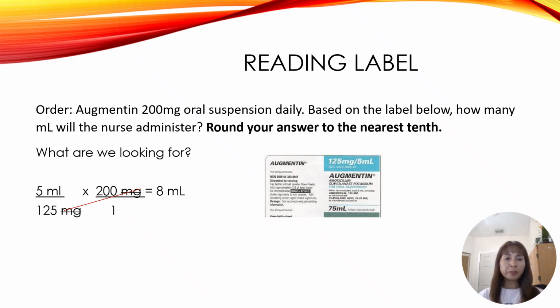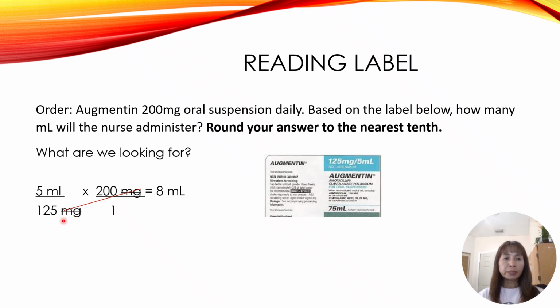Okay, so the next problem is asking us how many ml we are going to give, because what we have is an oral suspension. What the doctor ordered is Augmentin 200 milligrams daily, and what we have is 125 milligrams per 5 ml. Since we're looking for ml, I am going to start with 5 ml. So now we are going to set up 5 ml over 125 milligrams.